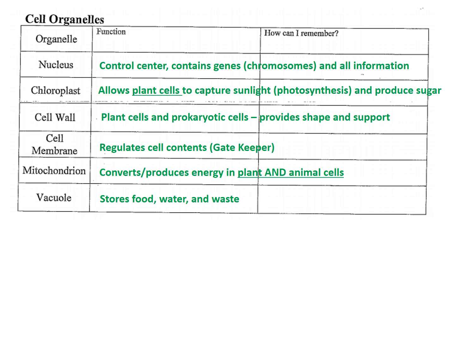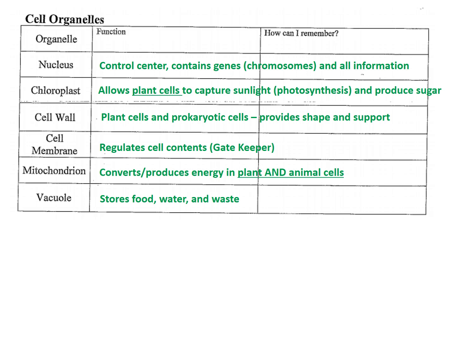Organelles. You need to study the organelles. If you don't know these, you need to make an effort to learn them. But we've done a lot of stuff with this, so you should, for the most part, know most of these. I basically just filled in the function. You can think of a way that helps you remember them. I cannot tell you how it's best for you to remember them, right? That's for you to decide, whatever helps you remember them.